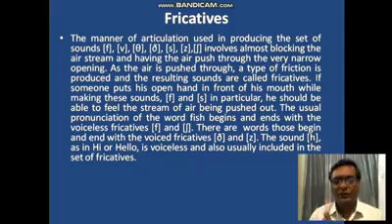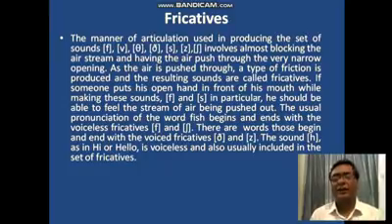And why does the friction arise? Because we are not allowing the air to come abruptly, to come quickly. That's why the friction starts in our mouth. So the way these sounds are produced, they are known as fricatives.